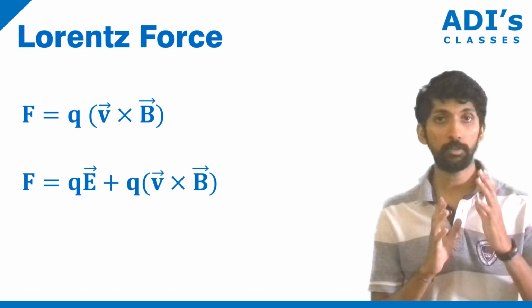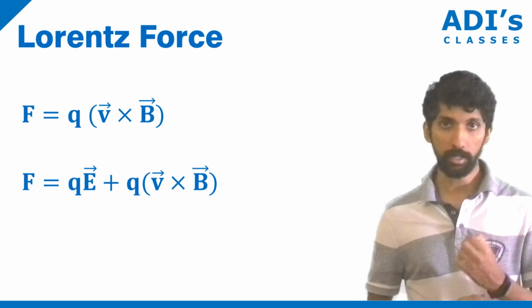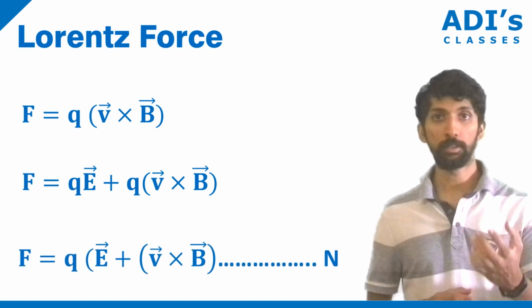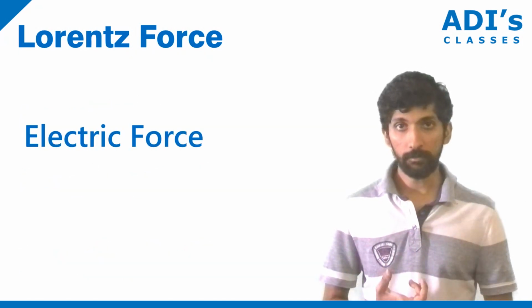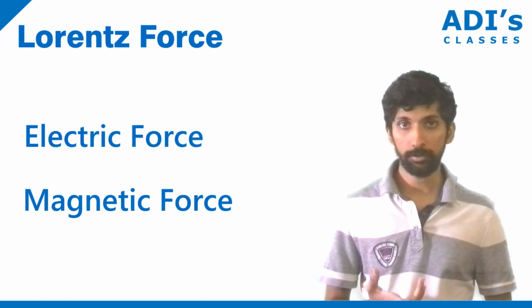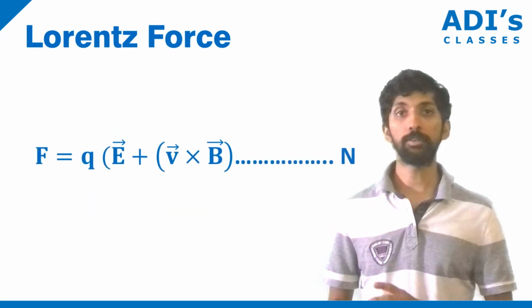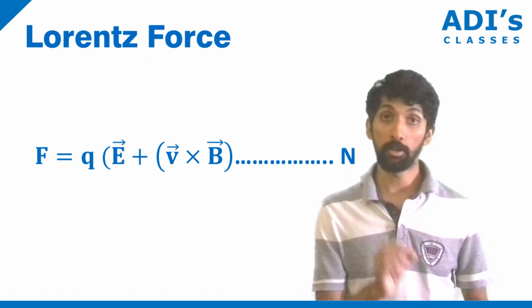What the Lorentz force tells us is that whenever there is a charged particle in an external magnetic field moving with a velocity V, we have two forces acting on the charge, the electric force and the magnetic force. The net force is given by F is equal to Q into (E plus V cross B). This is basically the Lorentz force.